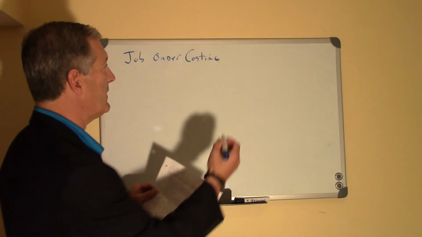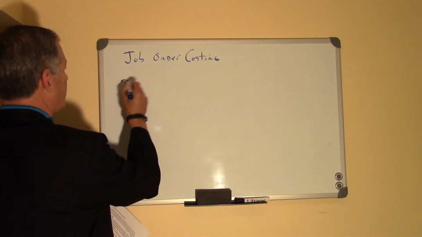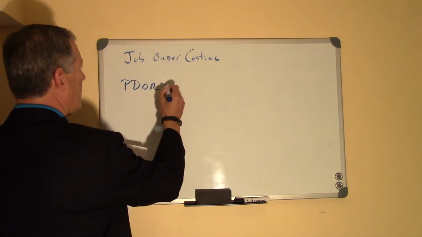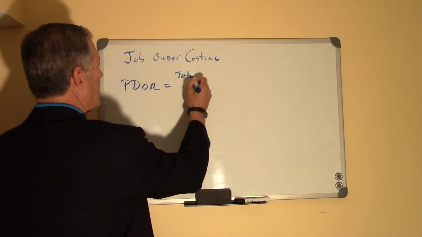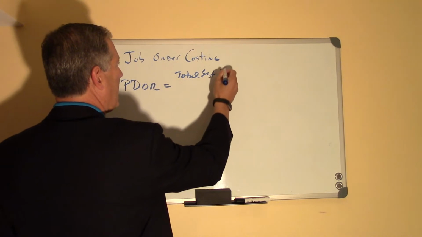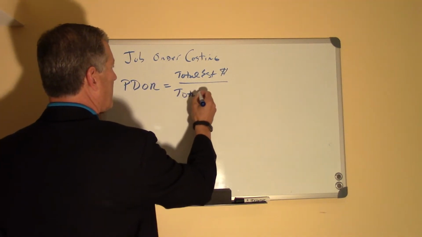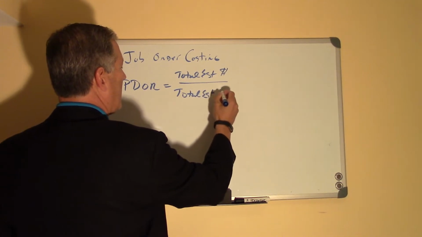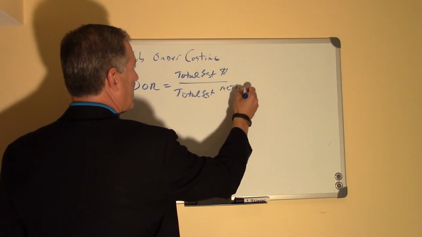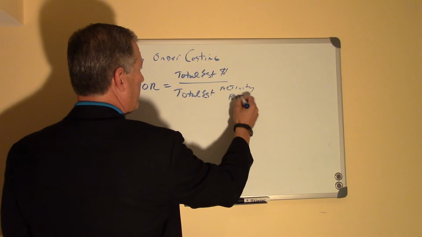So let's take a look at that predetermined overhead rate, which we're going to use later, and that's total estimated dollars in manufacturing overhead divided by total estimated activity base.